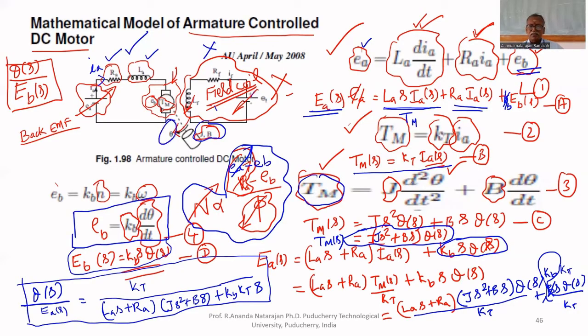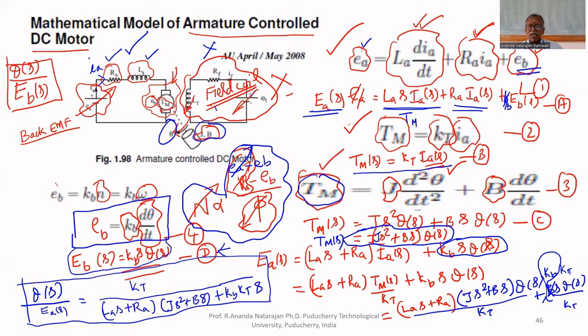If we take the Laplace transform, TM of S equal to J S square theta of S plus B S theta of S. Substitute in EA of S equal to LA S plus RA times IA of S plus back EMF equal to KB S theta of S.